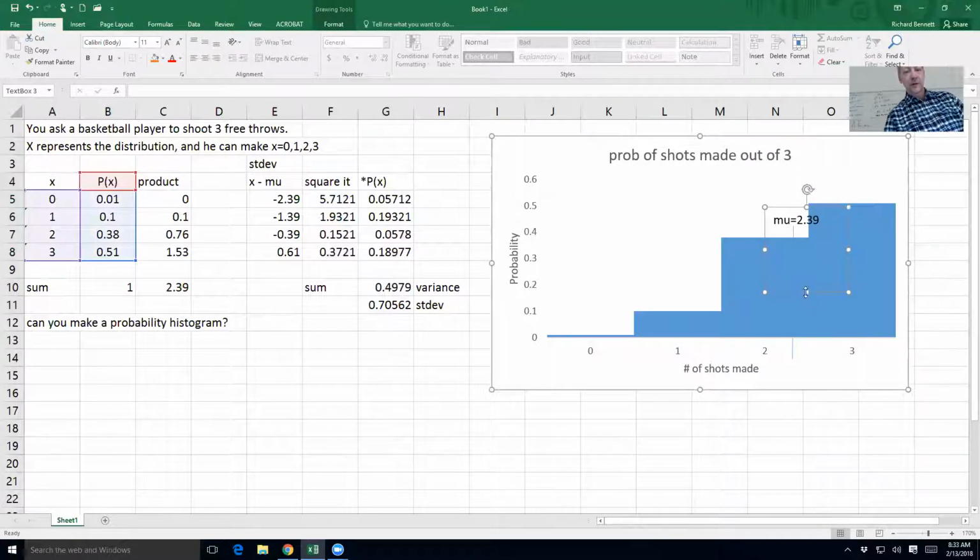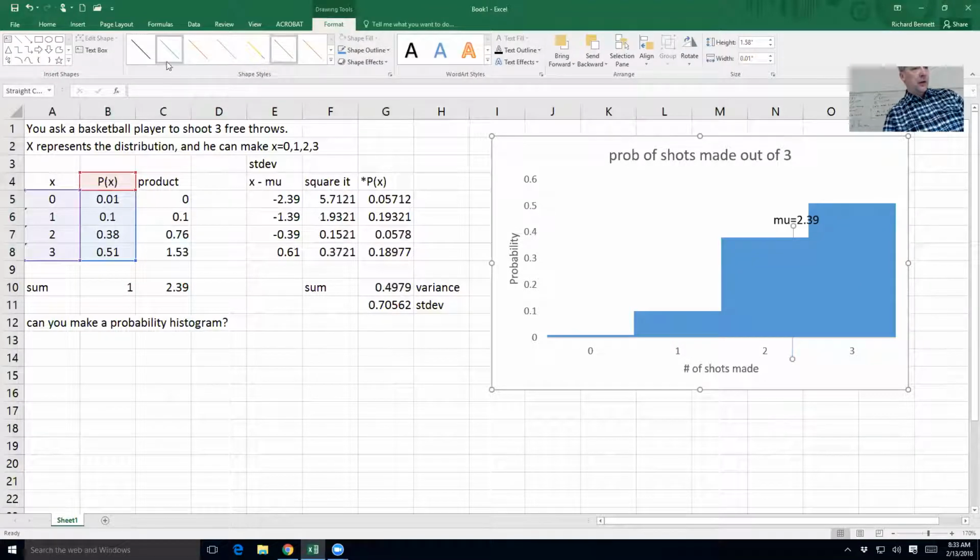There you go. It's a way bigger box than I need, but that works. And maybe I'll make that black so you can see it better. Make it a black line. Okay. Piece of cake.